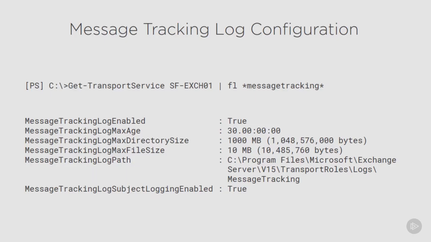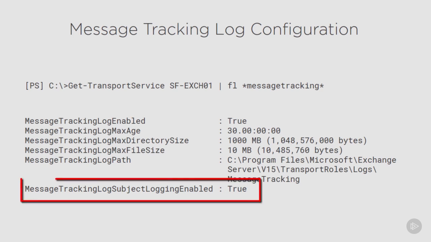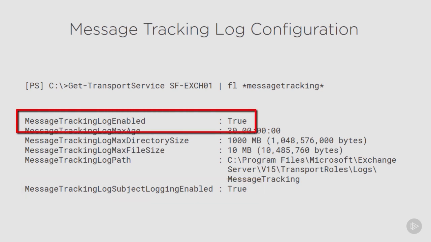Remember that the front-end transport service is only a proxy for SMTP connections, and it performs no logging other than protocol logging. So there's no message tracking log configuration for the front-end service, only for the transport service. Similar retention options exist for message tracking, as are also seen for protocol logging. You can disable subject logging if necessary, or disable message tracking logs entirely.